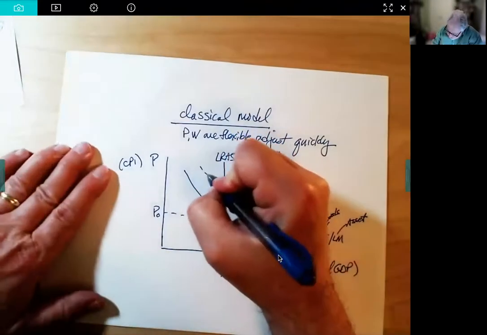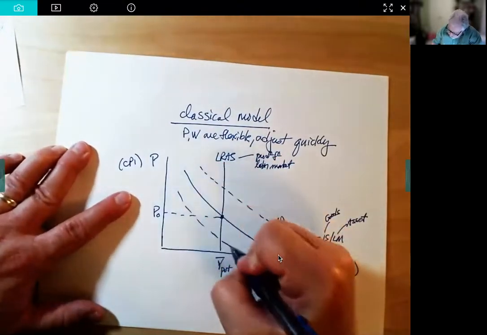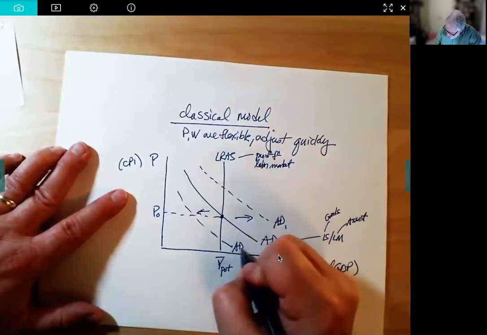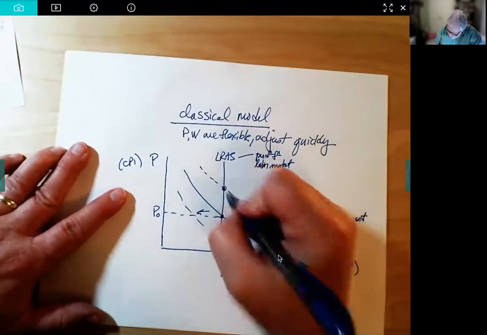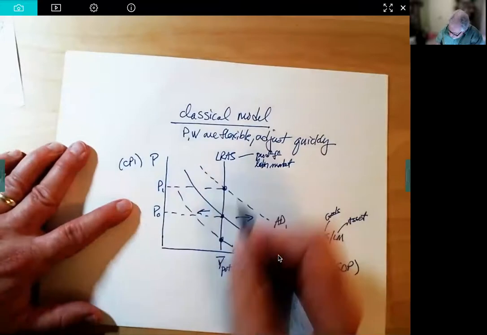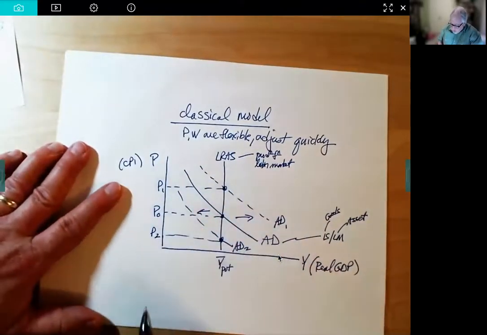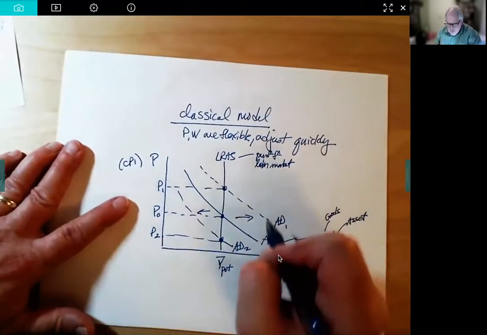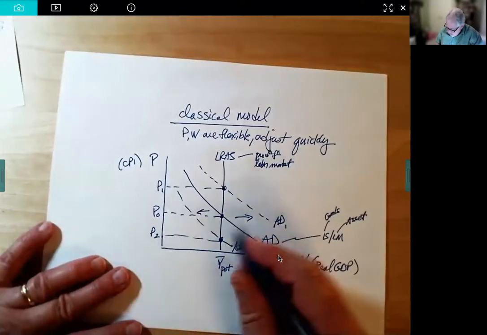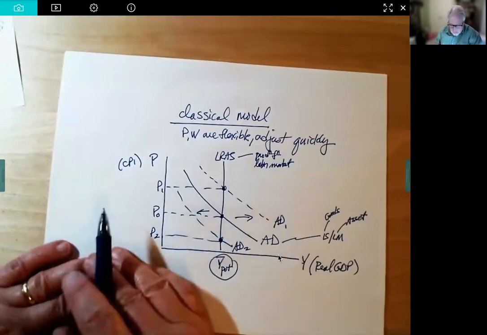And any changes in this case in aggregate demand, as you see, right, increases or decreases in aggregate demand, all they do is change the price level. Let's call it P1 to go with aggregate demand 1 and P2 to go with aggregate demand 2. Changes in aggregate demand do not have any impact on output in the classical model. They only affect the price level.